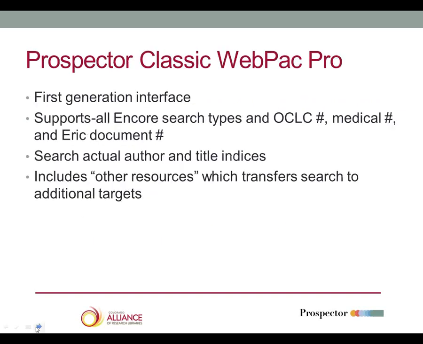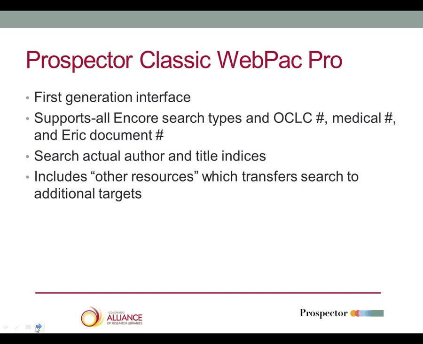Now the Classic catalog, which again, if you're using Classic at your local site, then you'll go into a Classic search rather than Encore if the search is transferred in. The one advantage here is that you can search by OCLC number, medical number, and ERIC document number. Also, it's nice because you can get to a MARC record, so sometimes if you need more information about the bibliographic record, this is a very easy way to do it with the Classic interface, and you actually can't do that in Encore.